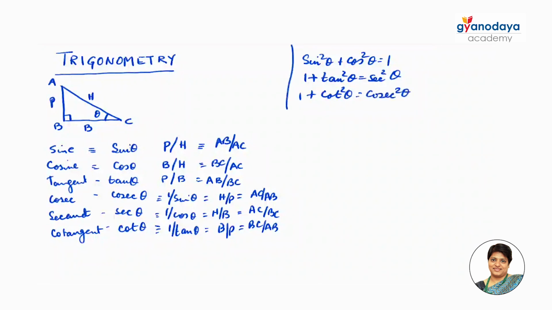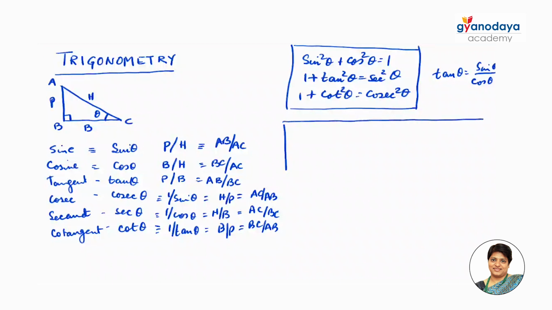These formulae are very important when we have to solve trigonometric identities. Besides this, we need to remember that tan theta is nothing but sine theta over cos theta. Okay, so this is the basics.